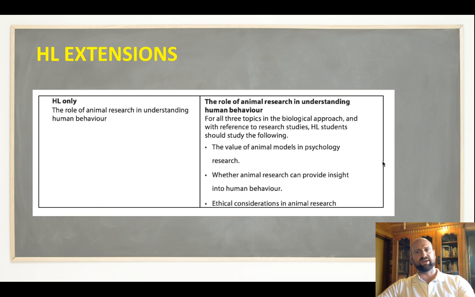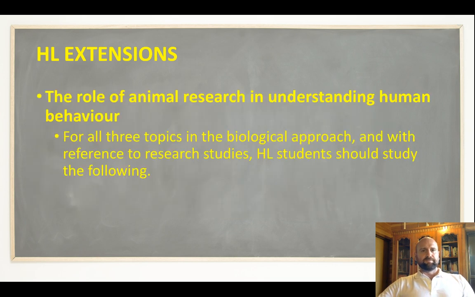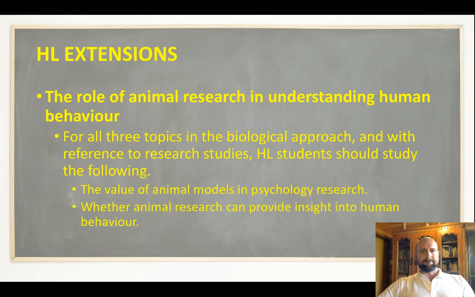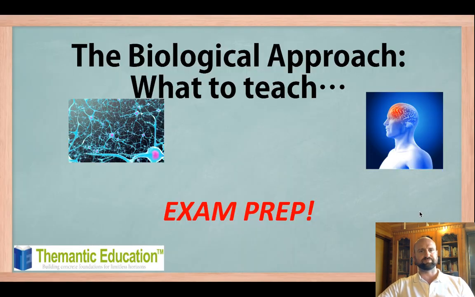I'll look at later how we can condense that and make it much more straightforward. So this is for all of those three topics: genetics, hormones, and the brain. We need to look at animal models in relation to these three bullet points.